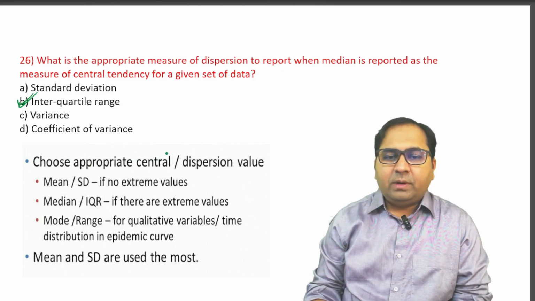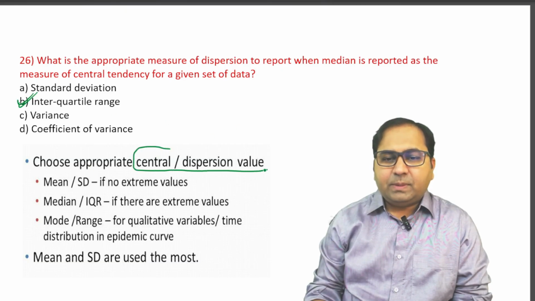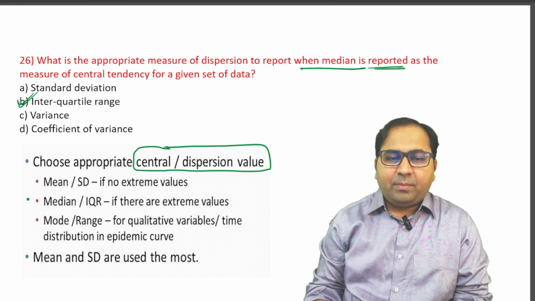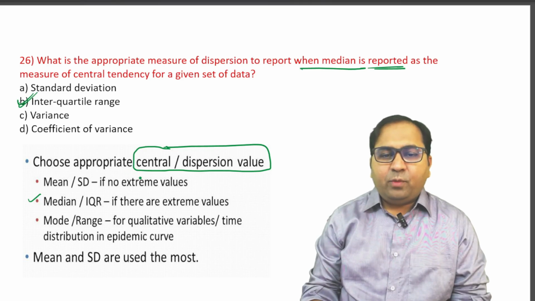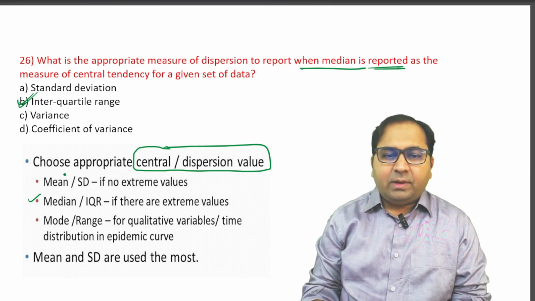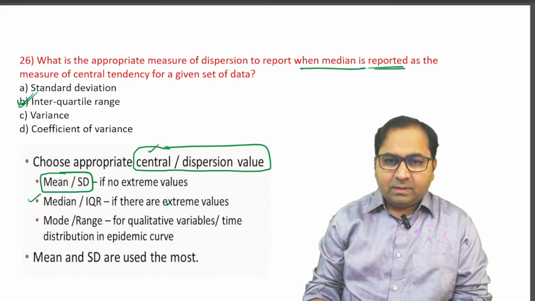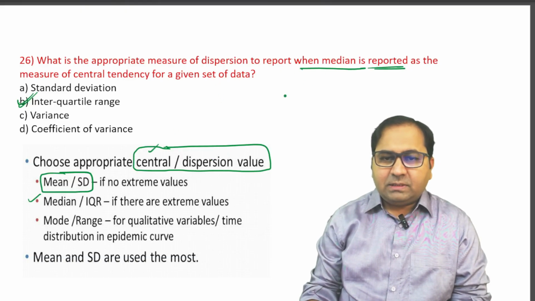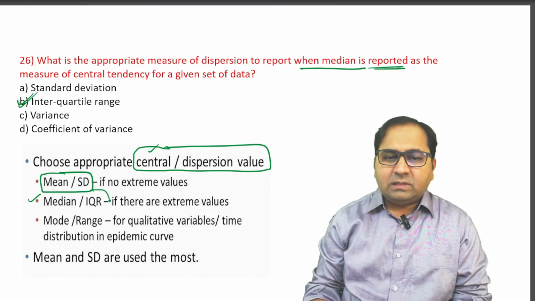When you relate central tendency with the dispersion values, whenever you take median, then you have to take interquartile range, as there may be extreme values. If no extreme values are given, then you take mean and correspondingly standard deviation. Appropriate measure of dispersion for median is interquartile range, as we have just seen if there are extreme values.